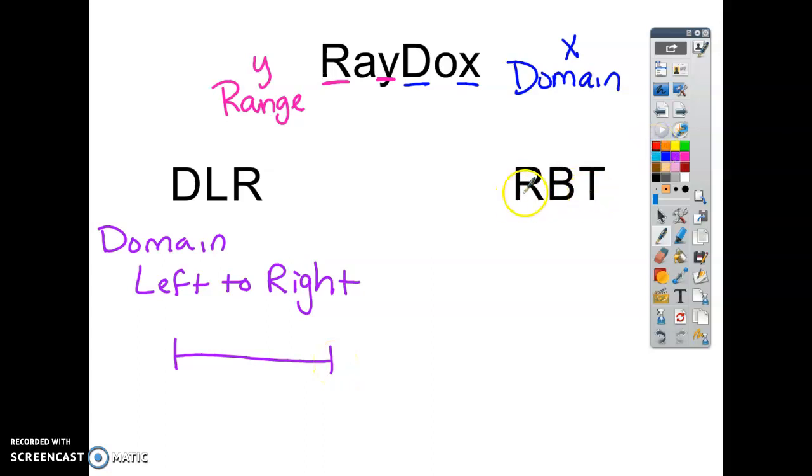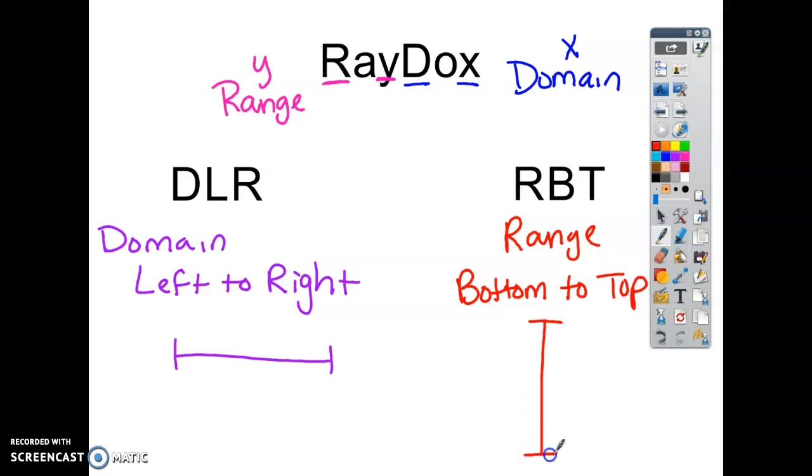Ribbit is range is bottom to top. So range, bottom to top. De abajo para arriba. So it's like this, from the bottom all the way to the top. Again, you can pause if I'm going too fast. Press play when you're ready.